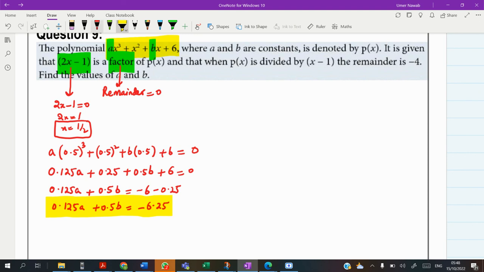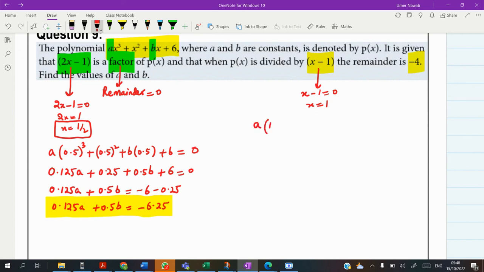The second condition which he gave you: he said when this polynomial is divided by x minus 1, it leaves you behind with remainder minus 4. So use the remainder theorem, get the critical value first. So x is equal to 1, substitute it.